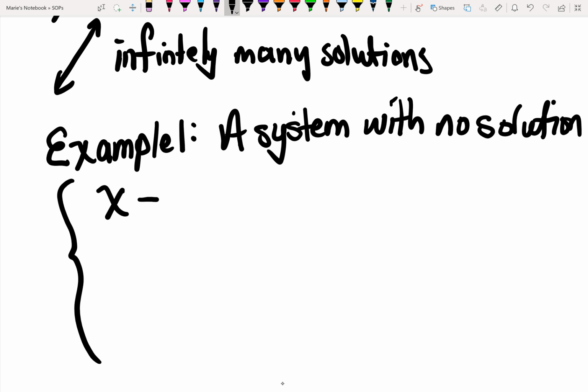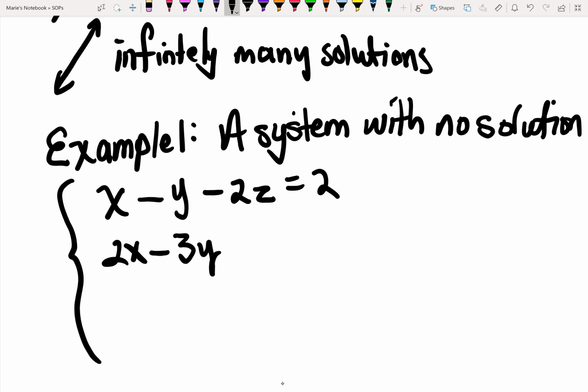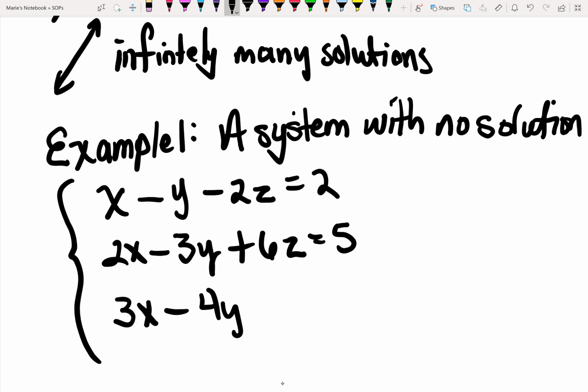We are given x minus y minus 2z equals 2. We're given 2x minus 3y plus 6z equals 5. We're then given 3x minus 4y plus 4z equals 12.